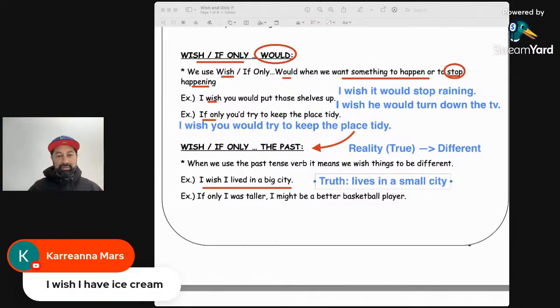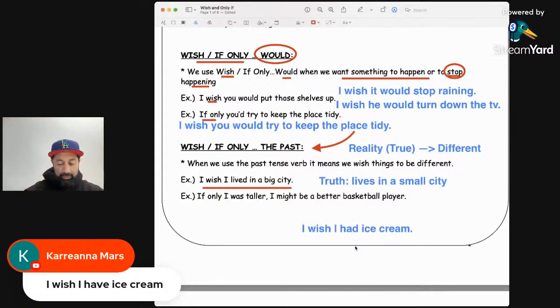Right now, you don't have ice cream. You want it to change. You want to have ice cream. You want it to be different. So I would say, I wish I had ice cream. And let me put that answer onto the board here. I wish I had ice cream.